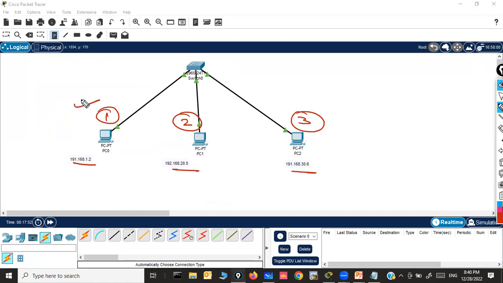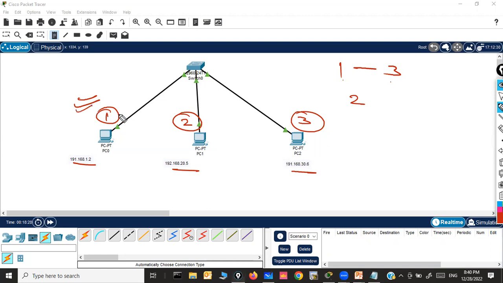Will computer 1 communicate with computer 2 or 3? One and 3 will communicate, and 2 will not communicate. You all agree, right? So 1 and 3 will communicate, and 2 is completely isolated and will not communicate with anyone.